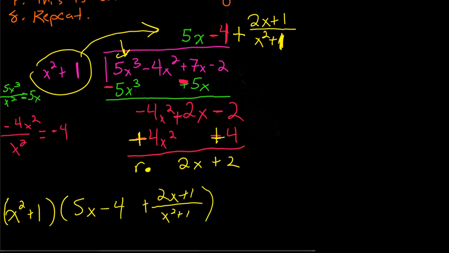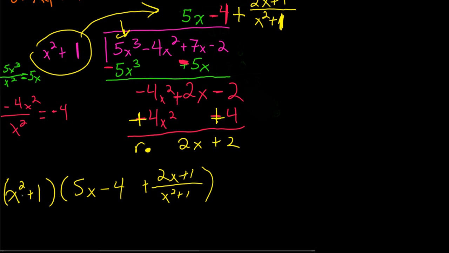That'll be my check. Alright, so I'm going to take x squared plus 1 and I'm going to take the whole thing and I'm going to bucket it into each term. So it's going to go there. It's going to go there. And it's going to go there.